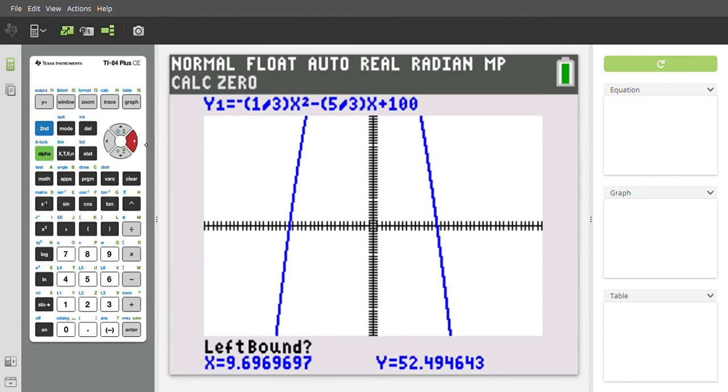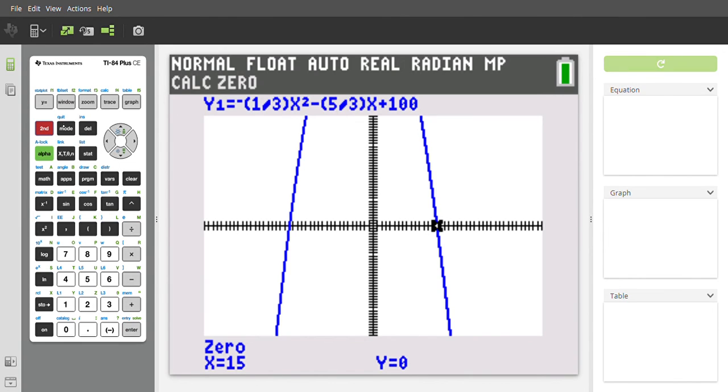Should be any minute now. There it is. Okay, I'm on the left side of the root. I'm going to hit enter. Now I need to get to the right side of the root. Now I need to back up to the root. And I got another 0 of 15. So x equal what? The other one was -20 and this one is 15. I got two pretty roots.